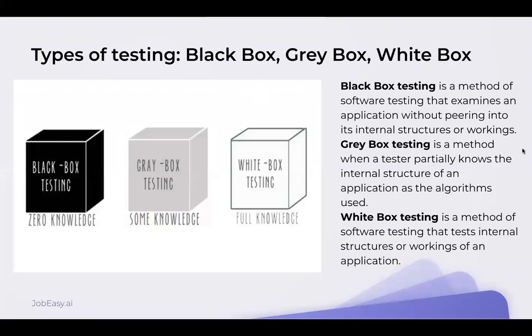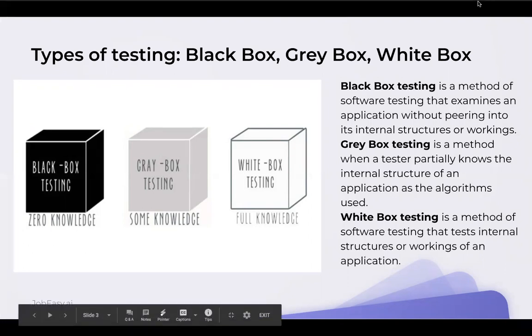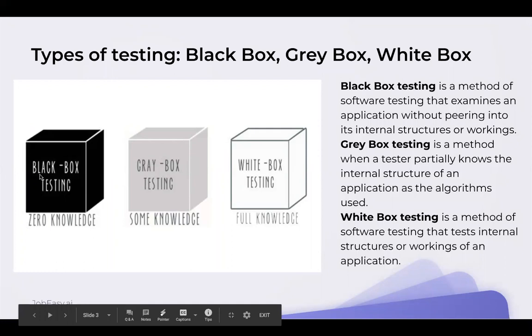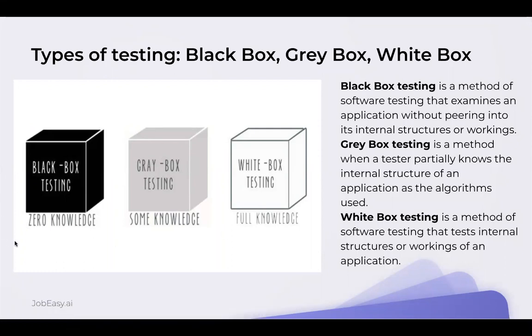Types of testing, there are a lot of different classifications, right? So the most common one, the one you are probably all familiar with, is that testing is separated into 3 different types: black box, gray box, and white box. So what is the difference? The difference here is the approach to the software that you are testing.